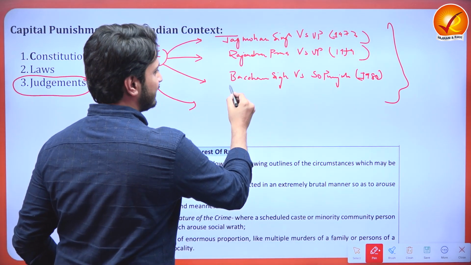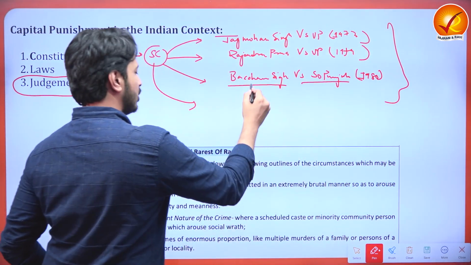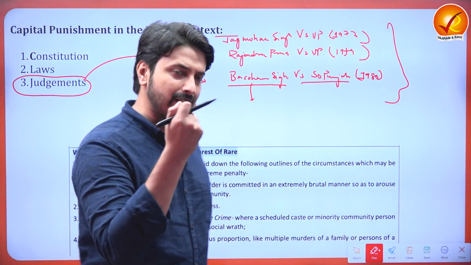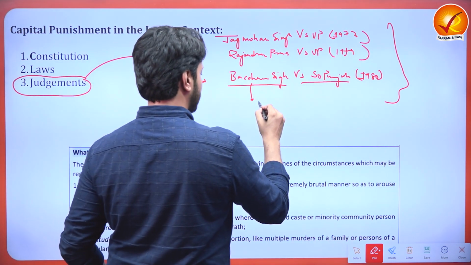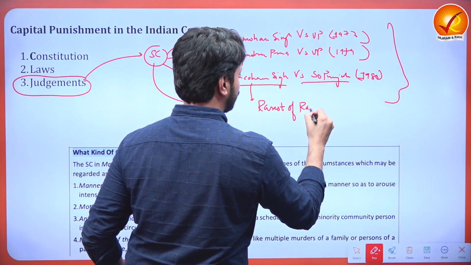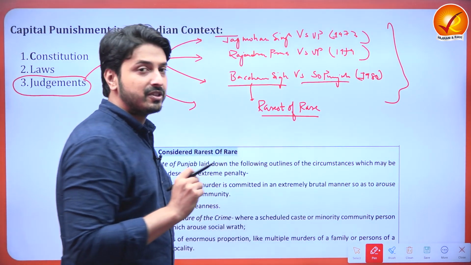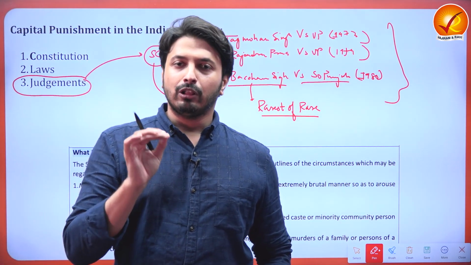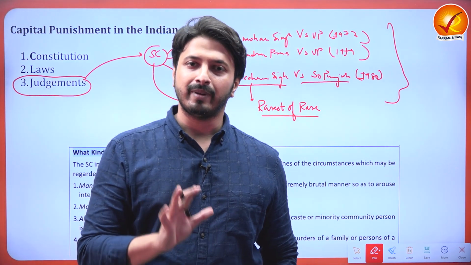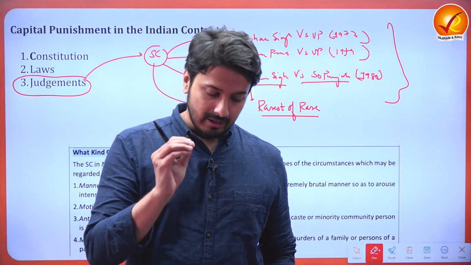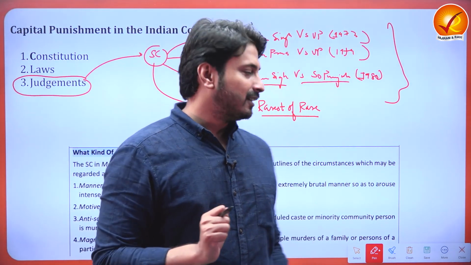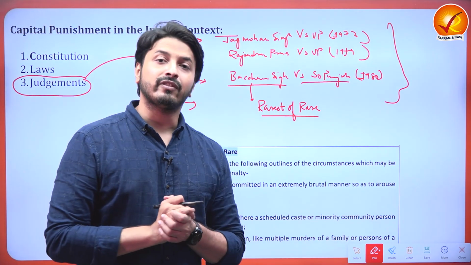However, in the last case, Bachan Singh versus the State of Punjab, the Supreme Court initiated a discussion on a very important doctrine, the doctrine of rarest of rare. In this judgment, the Supreme Court noted that although the Indian Constitution and the various laws which prescribe capital punishment are legally correct, the judges of the court, while providing any kind of capital punishment, should always go for this rarest of rare doctrine.